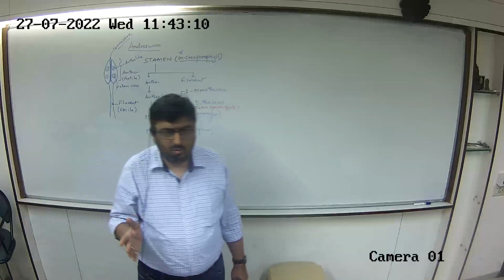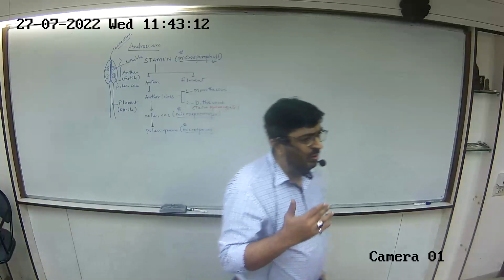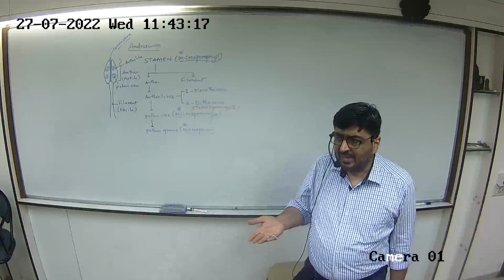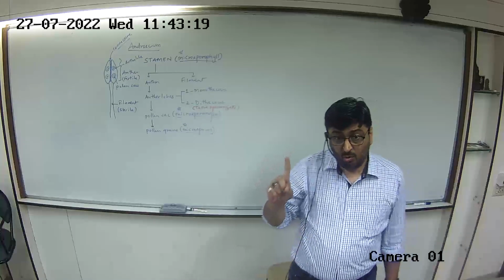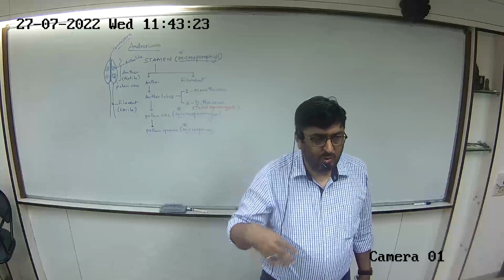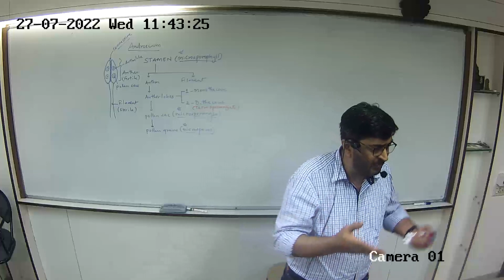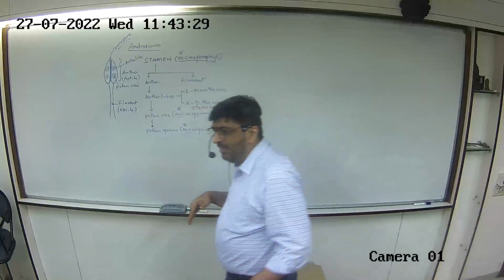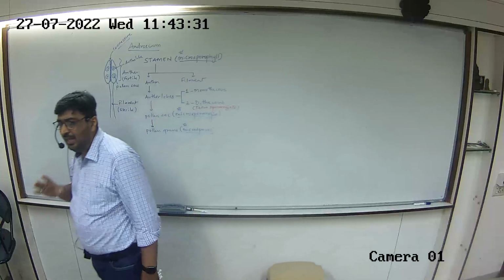If 1, then monothecous, if 2, then dithecous. Each anther lobe has how many pollen sac? 2 pollen sac. So dithecous anther has 4. So what do you call a dithecous anther? Tetrasporangiate. Okay? And within the pollen sac are pollen grains.